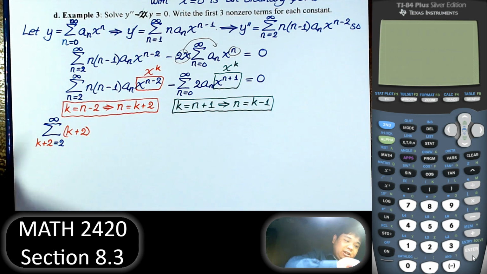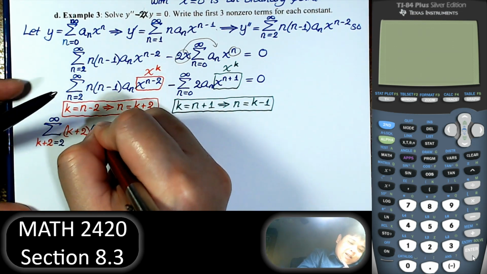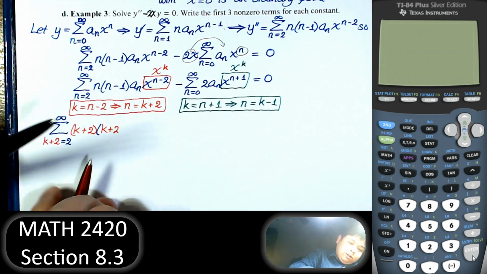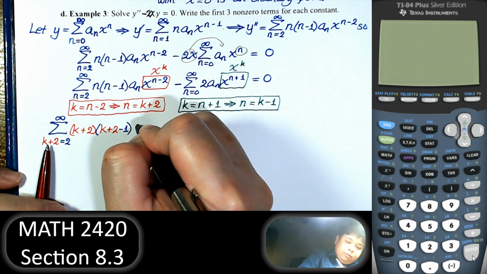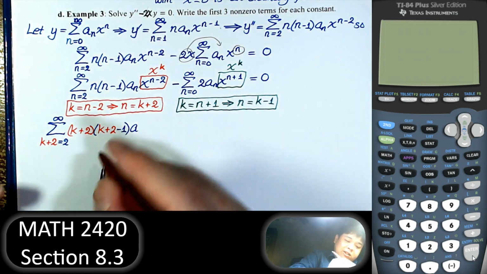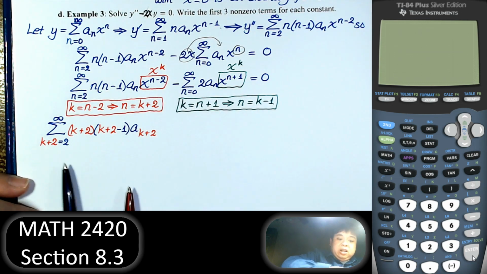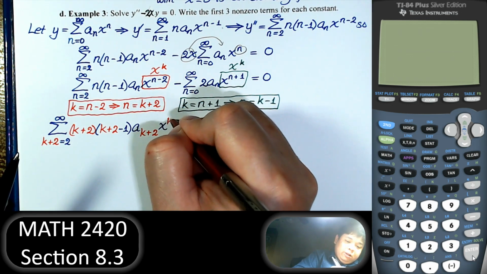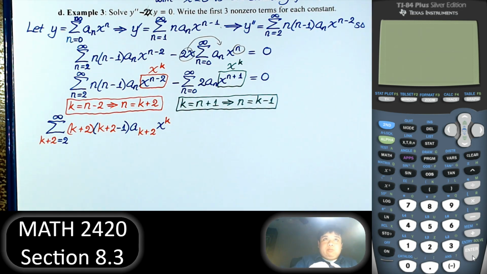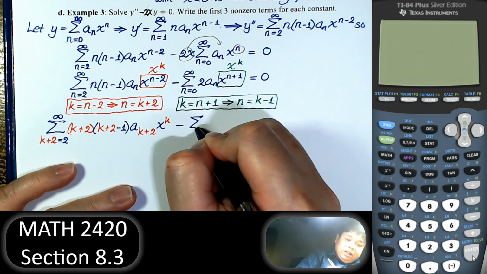There's an n, k plus 2 minus 1. There's n, and the power must be x to the k. Right. That's the whole point of changing from n to k.